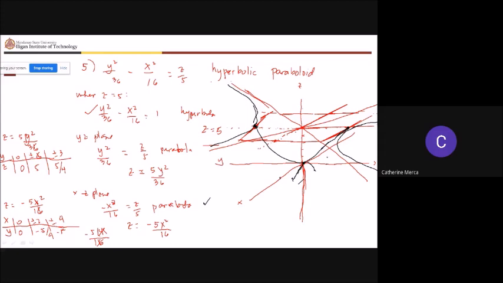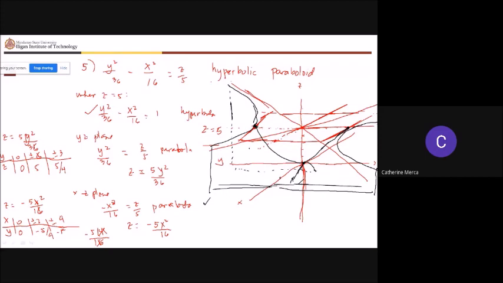So for this sketch, let's extend this. Then extend this one here. If we can picture this out, this is supposed to be the graph.